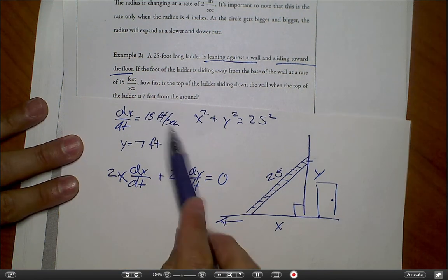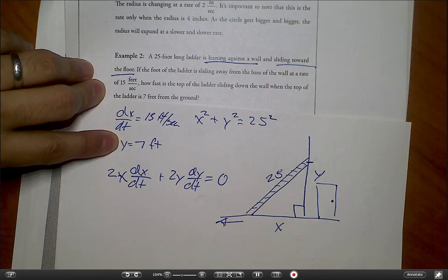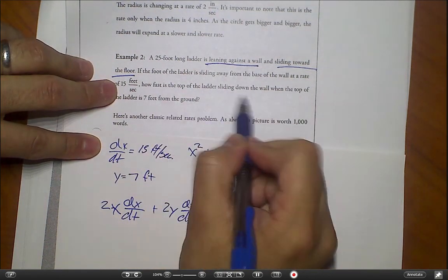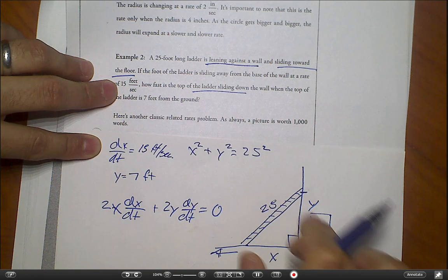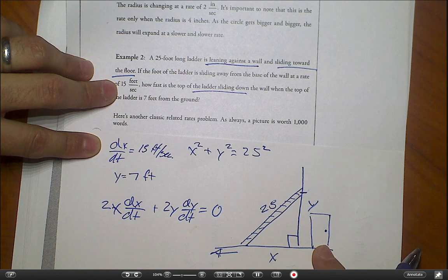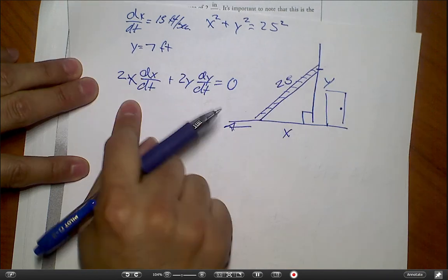So I know that dx/dt is going to be 15, and y is 7. We're looking for how fast the top of the ladder is sliding down, so we're looking for dy/dt. Let's start plugging in stuff.